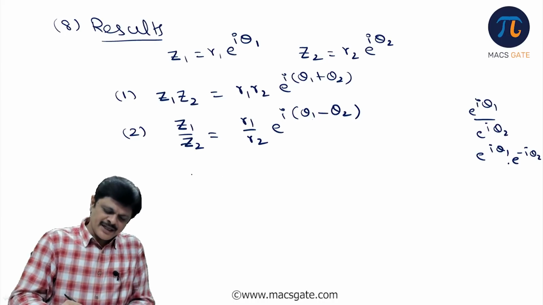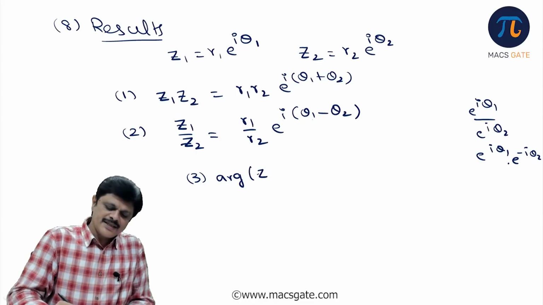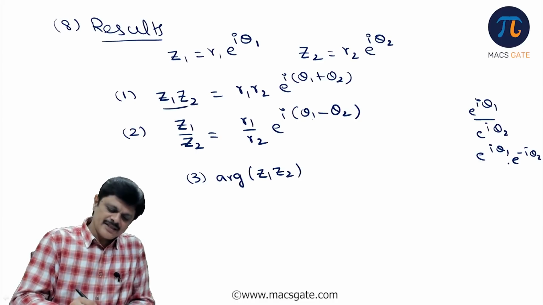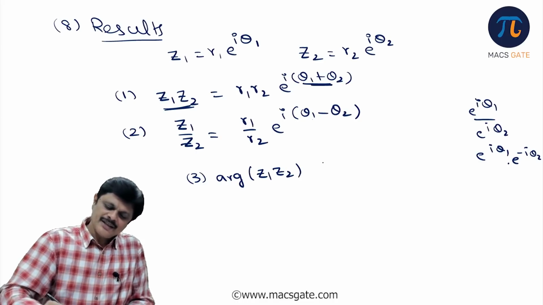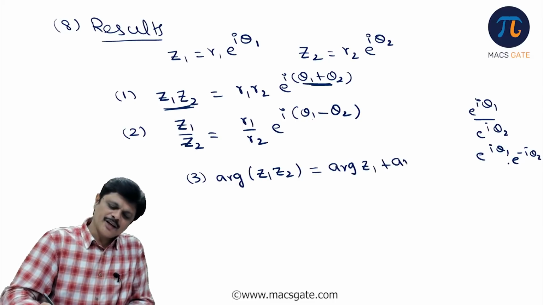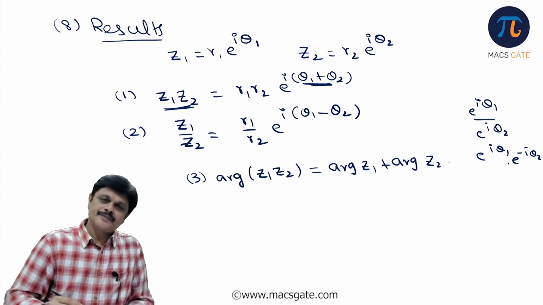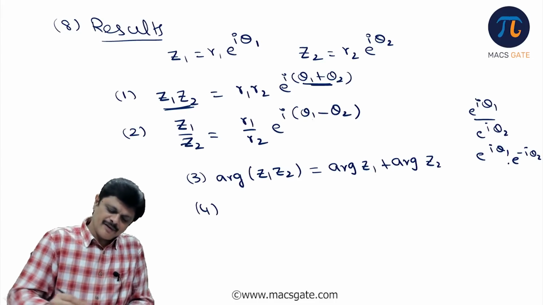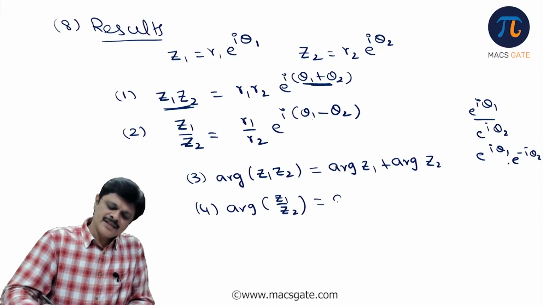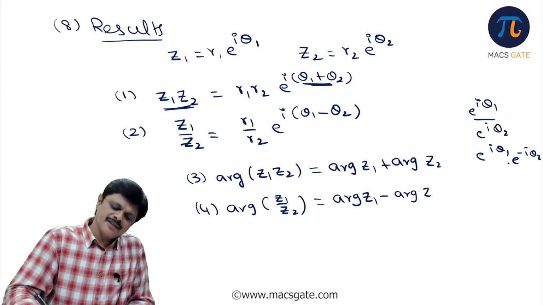So from that we can understand one very important property: argument of Z1 into Z2 is nothing but argument of Z1 plus argument of Z2. And from the next one we can understand argument of Z1 by Z2 is nothing but argument of Z1 minus argument of Z2.